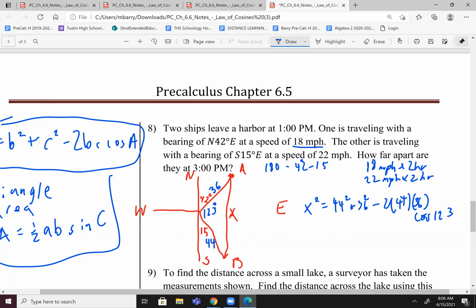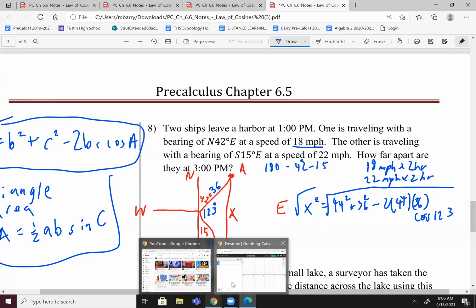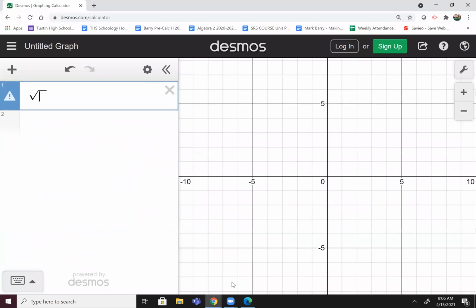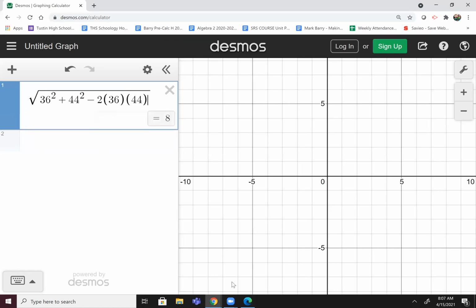Remember, finding sides with law of cosines is not a lot of solving. You're really just typing it into a calculator, but also remember, we want to type it inside of a square root since that equals x squared. So I'll go ahead and do that. Okay. 36 squared plus 44 squared minus 2 times 36 times 44 times cosine of 123.